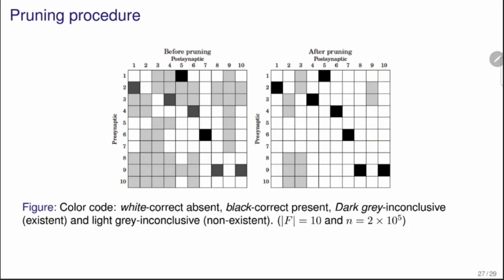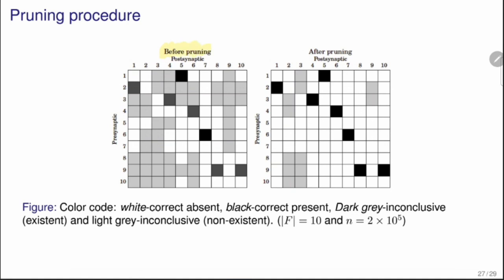In this picture, we have two 10 by 10 matrices, where the first one corresponds to the interaction graph obtained by applying the interaction neighborhood estimator to each one of the 10 neurons in the network without pruning. So we say before pruning.